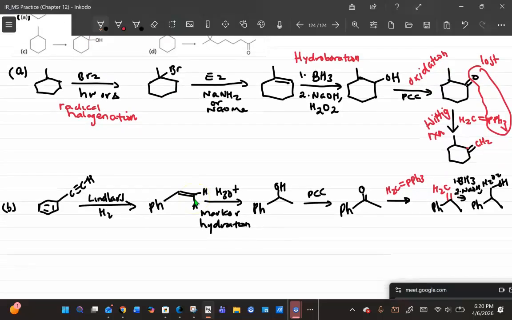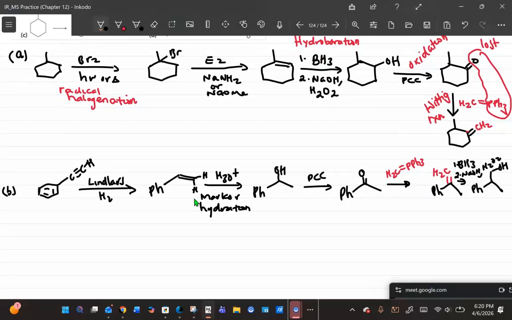Okay, we also did reduction in the beginning, so that's good. So we added an extra carbon by Wittig. In the next test, if you want to add an extra carbon, tell yourself you have a Wittig. You can use a Grignard, a Wittig, or a CN.